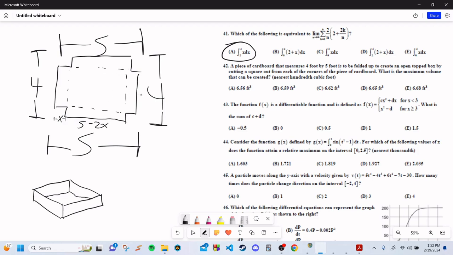And this height right here is 4 minus 2x, because there's an x taken out from here and here. So if that's the case, then our box is going to have a length of 5 minus 2x, a width of 4 minus 2x, and a height of x.